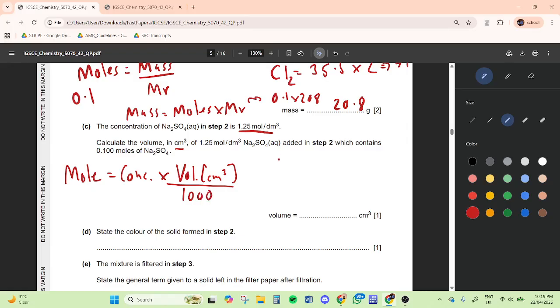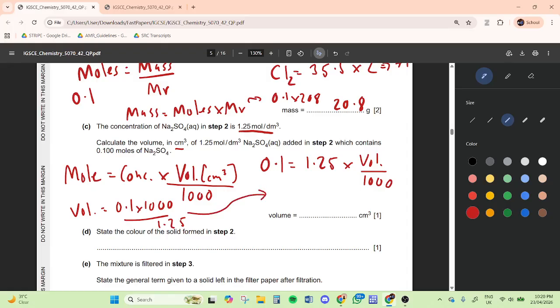So let's plug in our values. 0.1 is equal to the concentration 1.25 times the volume, which we don't know, divided by 1000. So our volume is going to be 0.1 times 1000 divided by 1.25. If you plug that into a calculator, you're going to get the very nice clean number 80.